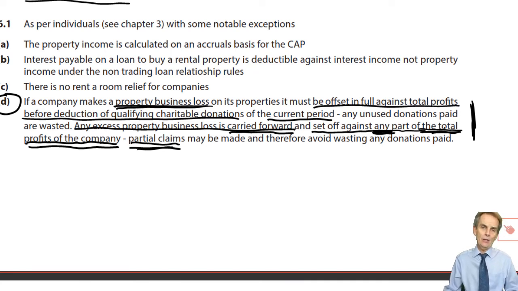Now again, the FA 2017 notes have been left available for you to use here. So you can watch those or look at those as we go through that lecture, and also check through your FA 2018 notes, again just there in relation to the small changes we've seen to do with the carry forward of property business losses.